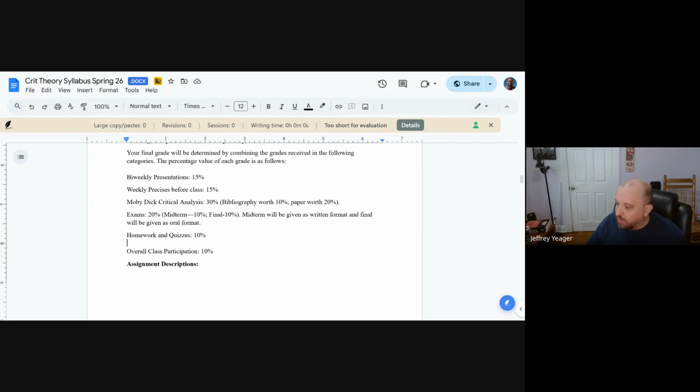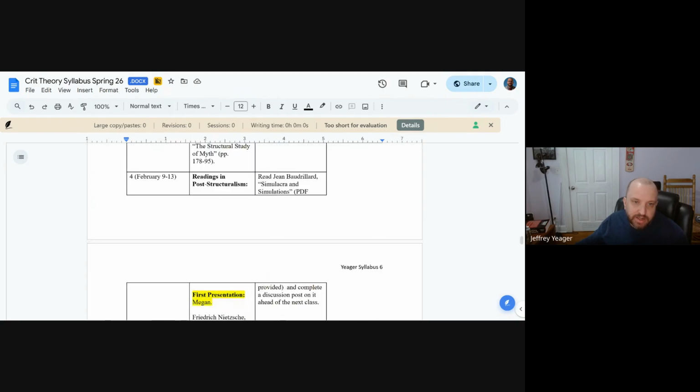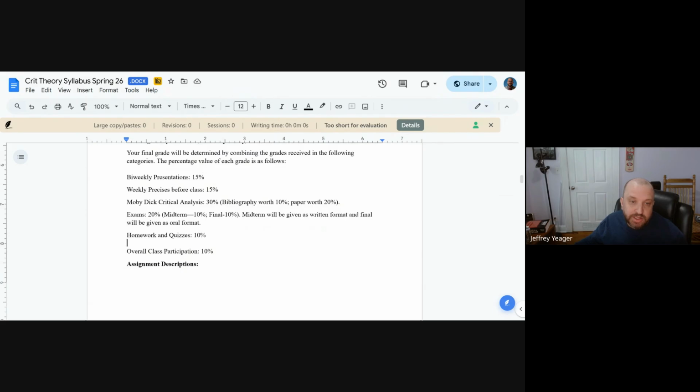Starting in week 4, as we'll see, scroll down to the calendar, February the 9th, there will be a project where you guys swap out every 2 weeks.